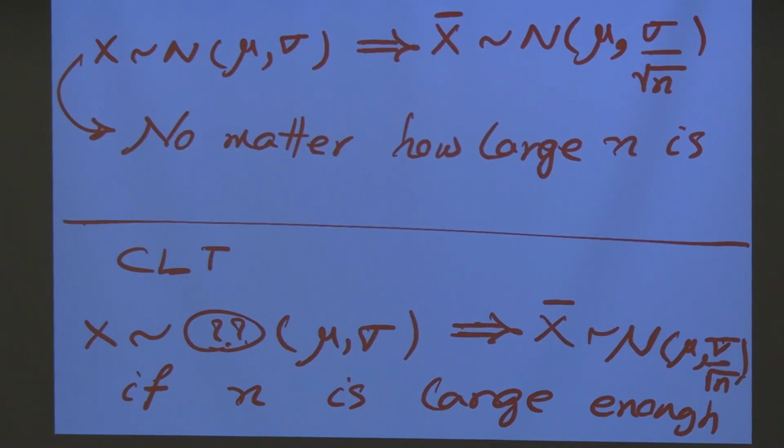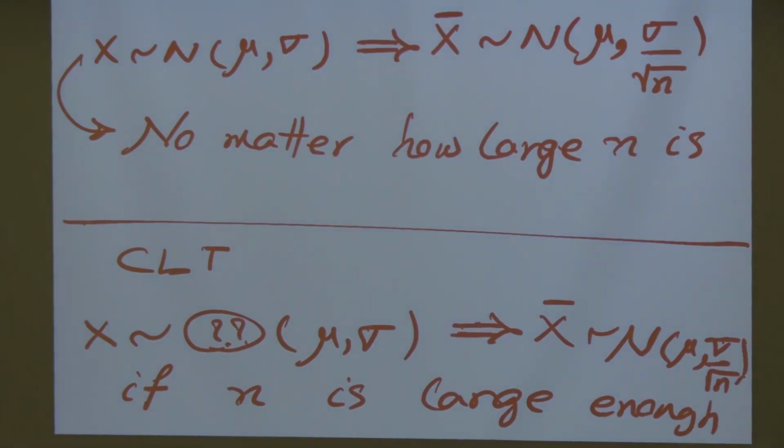So if X is normally distributed, where X can be, for example, weight or height in Canada, right? If X is normally distributed, you can simply prove, using what we have learned so far, that X bar, which is the sample mean, is normally distributed as well.